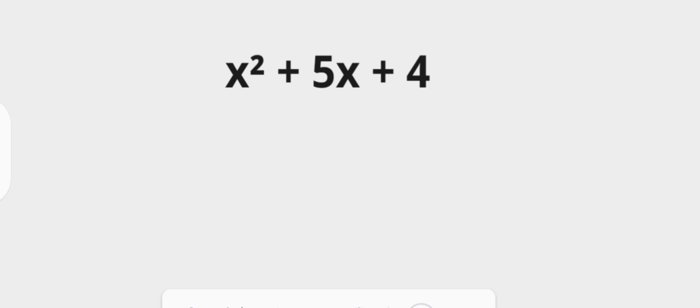We try to consider the constant term in this case where a is 1. The constant term here is plus 4. So we are going to need to look for the factors of plus 4.